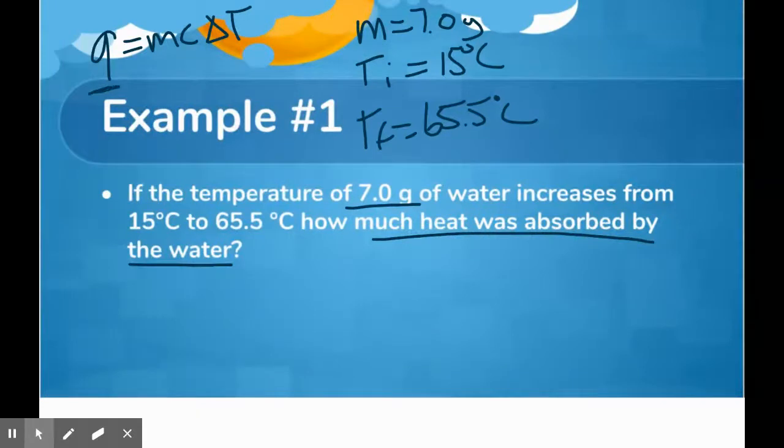Now the question is asking us for how much heat was absorbed by the water, which is Q. We have m, we have our initial temperature and our final temperature. All we need is c. C, remember, is the heat capacity of water, which is 4.184 joules per gram degrees Celsius. So now we have every variable except for Q, so we're going to plug that all in.